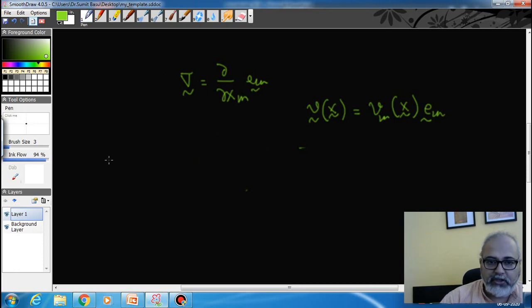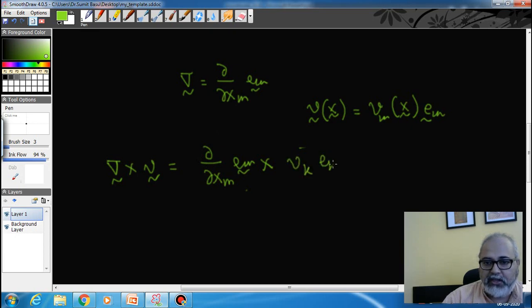Okay, so we need to do this, and what we do is we write del xm em, the first vector, crossed with vk ek, and then again this does not operate on this.